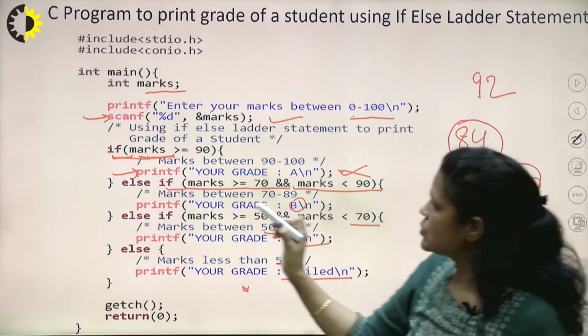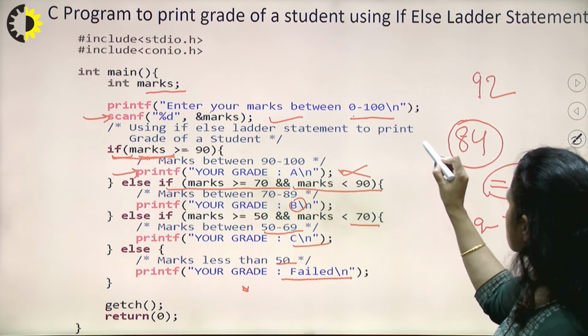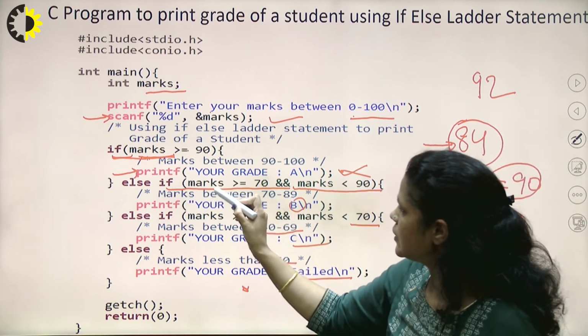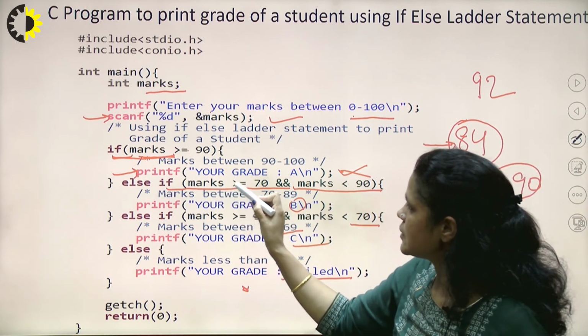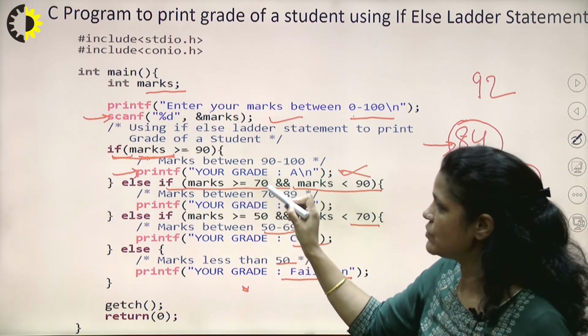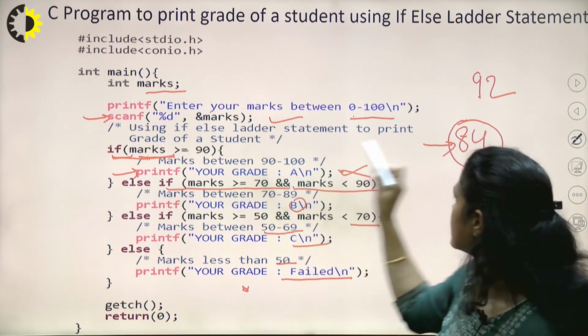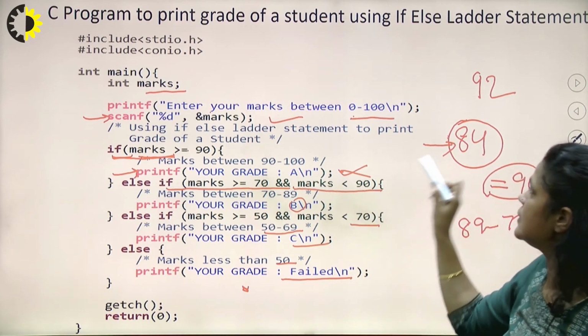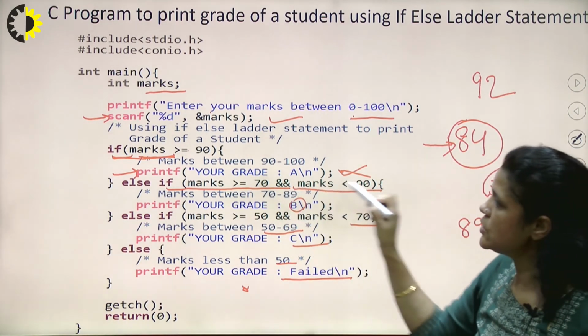Okay. So if our student is entering 84 marks, we'll check marks greater than equal to 70. Yes, marks are greater than 70 if we are entering this 84, and the marks are less than 90. Yes. So this condition is true.